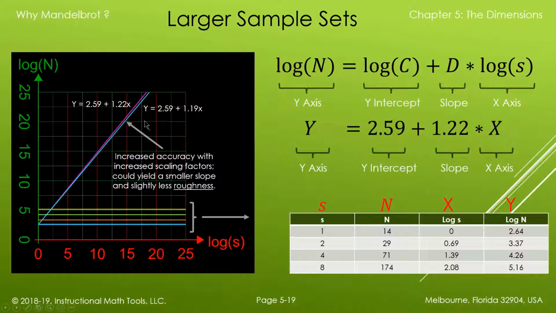Instead of being 1.22, it turned out to be 1.19, which is slightly less steep and slightly less rough. So the rule of thumb is that the more scaling factor samples you get, the more accurate the linear regression will be.